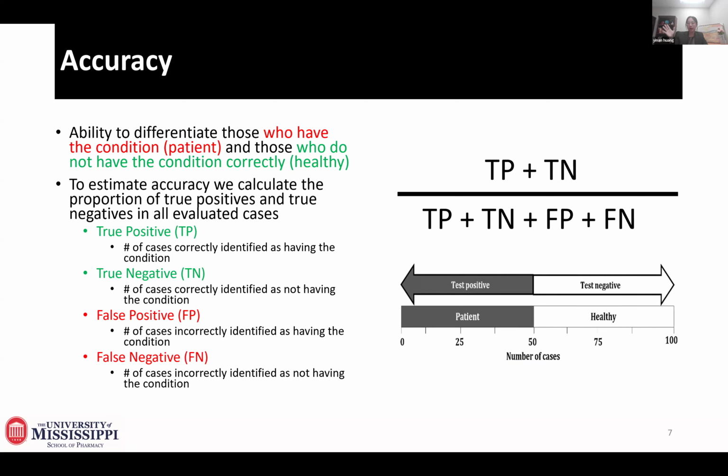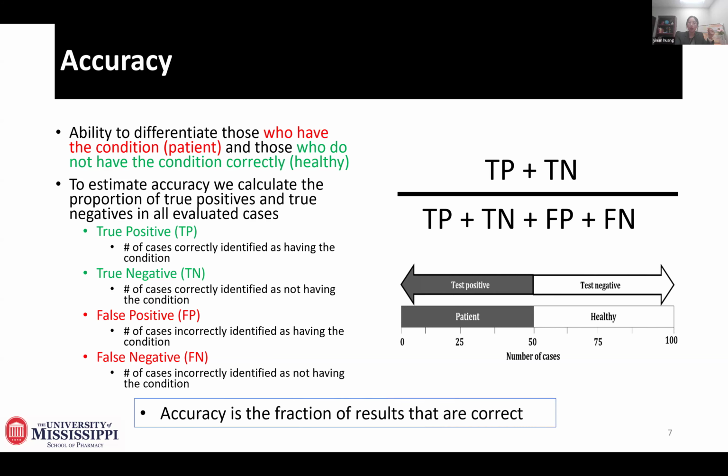As you see on my right hand, accuracy is defined as the sum of true positive plus true negative divided by all 4 possible testing results. It's the overall measure of how well the test can differentiate those having the disease versus those who are not having the disease.